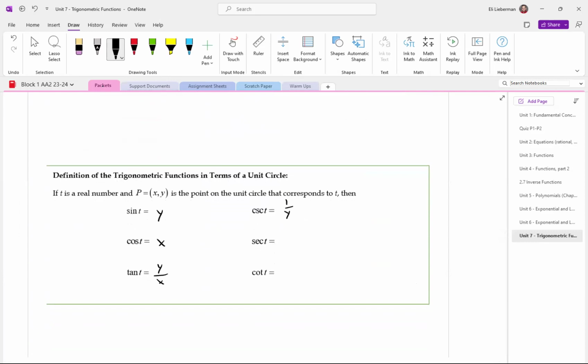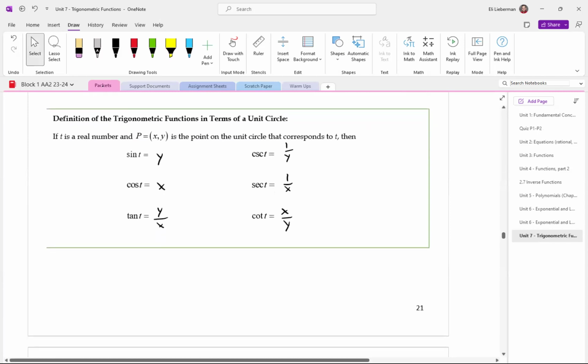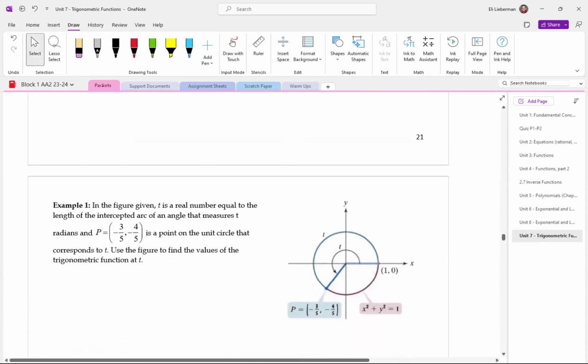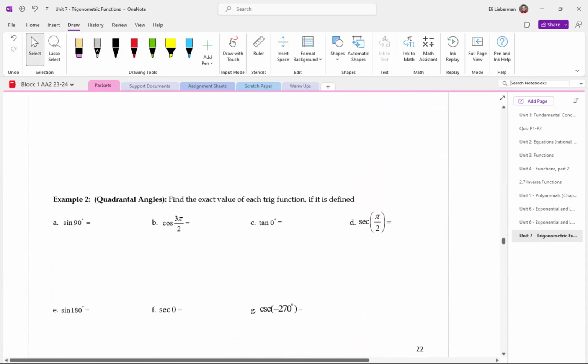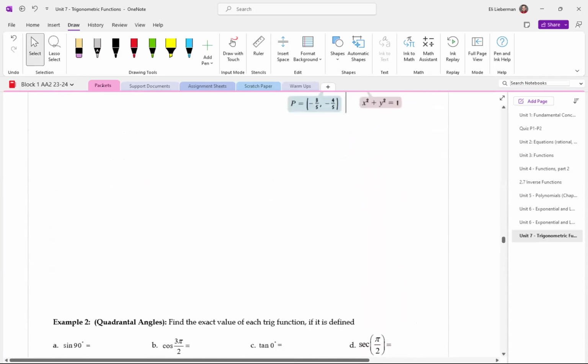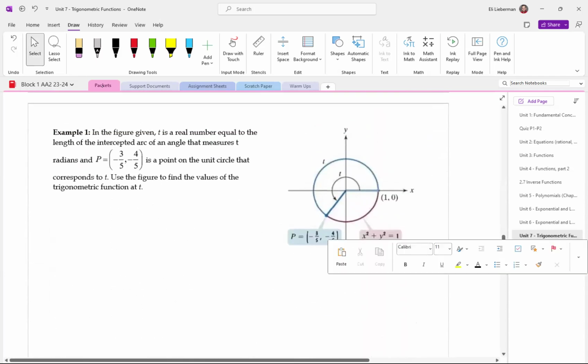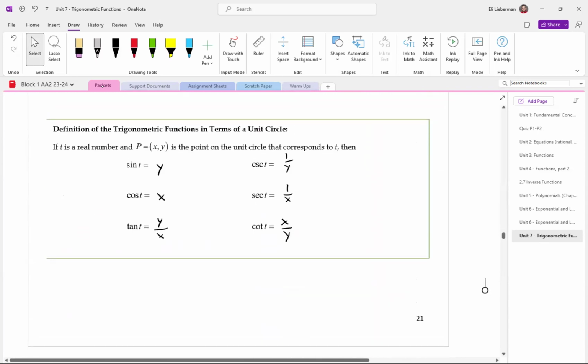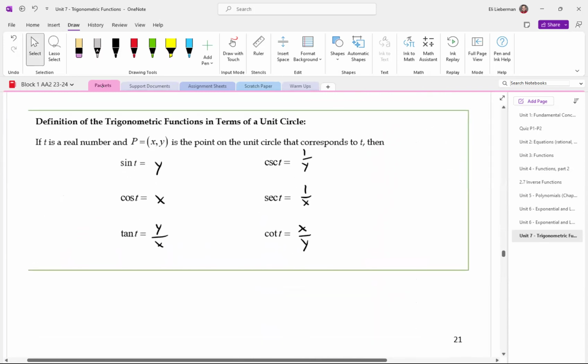Cosecant, 1/y, secant 1/x, and cotangent x/y. In terms of the unit circle, that's always how to get these values. This should be in your notes. Here they're calling it the angle t instead of theta, which is common.